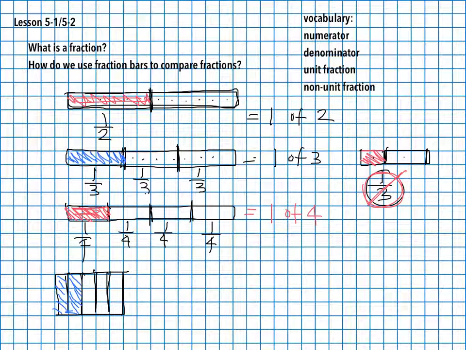How much of this is shaded? Well, we have 1, 2, 3, 4, 5 total pieces, and that's going to be our denominator. That's the number of pieces we've cut something into. And then how many are blue? Well, we have 1, 2. So this fraction is 2/5.